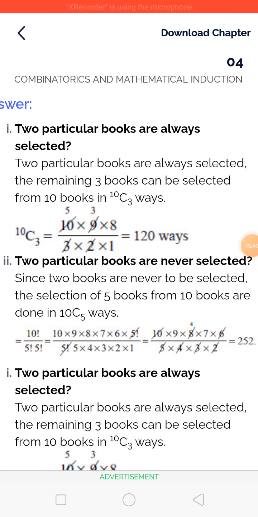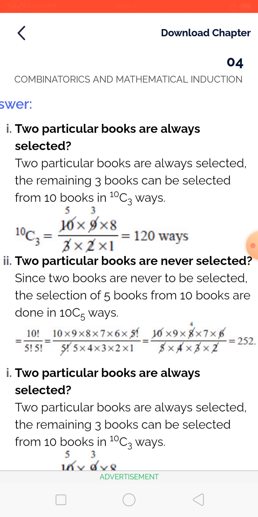We have a total of 12 books, correct? Two particular books are never selected, so if we keep those two books aside, what are the remaining books? 10 books. So in the 10 books we need to select 5 books. So 10C5.